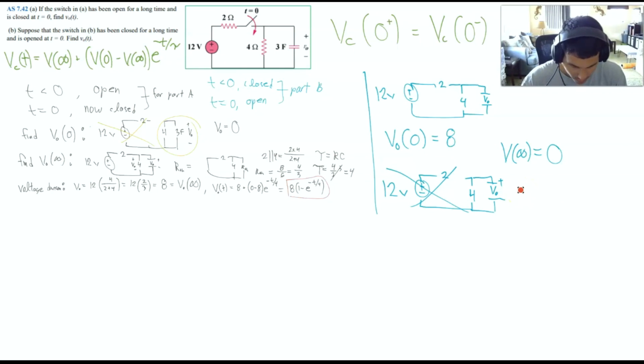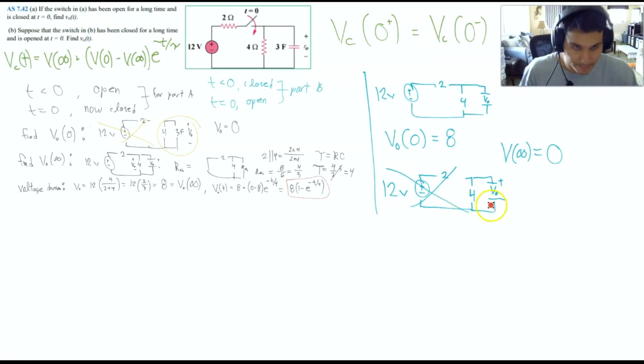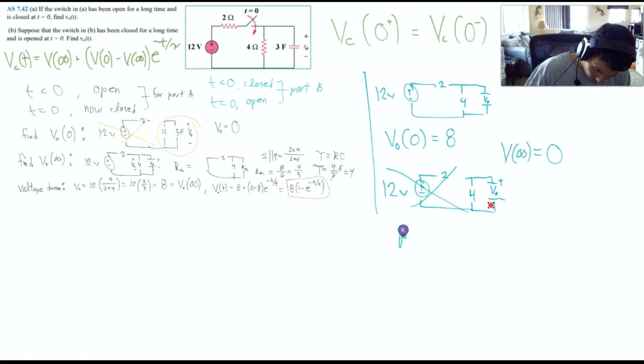Okay, so that's useful, but we kind of want to know the resistance. We want to know what this sees at this point. Okay, well, if this is VO, the only resistance it sees is 4.